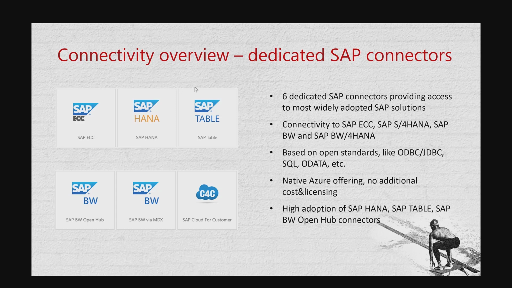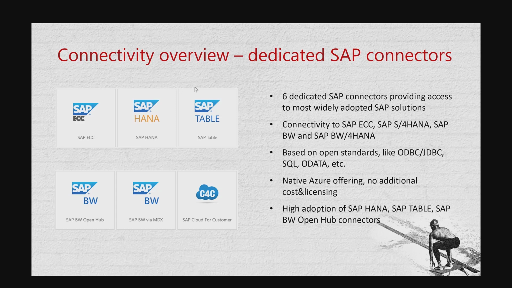From an adoption perspective, we see the highest adoption on those connectors for the SAP HANA connector, the SAP Table connector, and the BW Open Hub connector, which is probably not surprising. Especially if you look at the ECC connector, OData services have been around for quite some time in SAP ECC, and they play an important role.